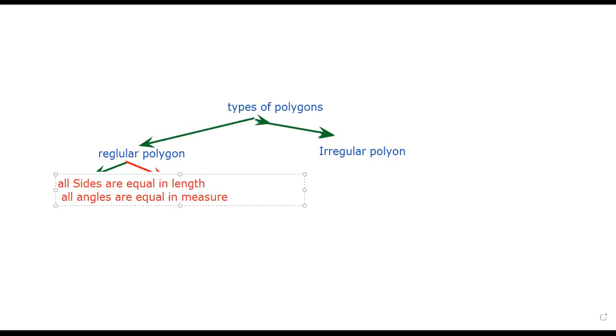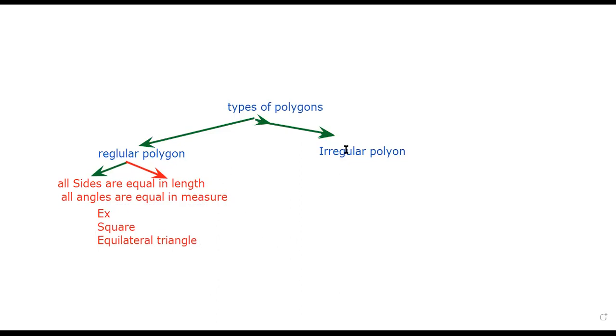Ahmed, you said square and triangle. Not any triangle. Square, you told me square, because in a square all sides are equal in length, right? And we can say what? Equilateral triangle. Exactly. Equilateral triangle, right?